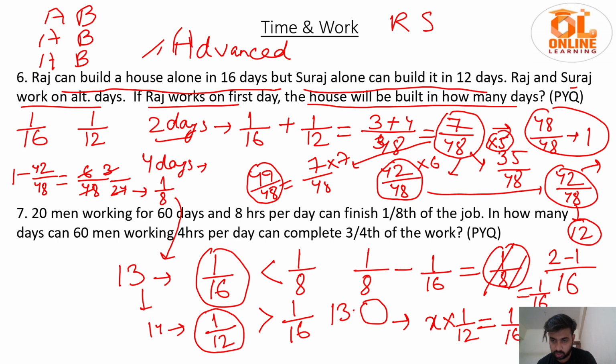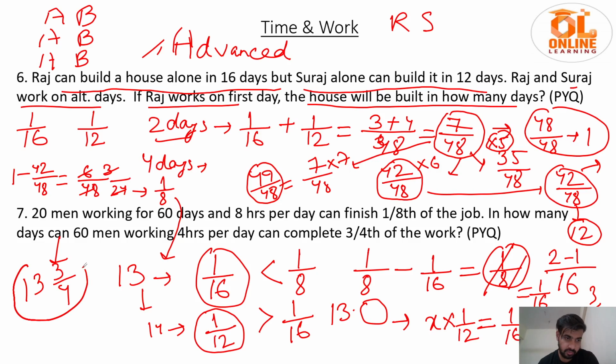Now just cross multiply. x is equal to 12 by 16, right? So 3 by 4. So total time taken to complete the work is 13 3 by 4 days.